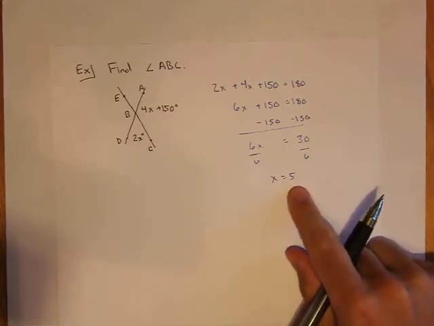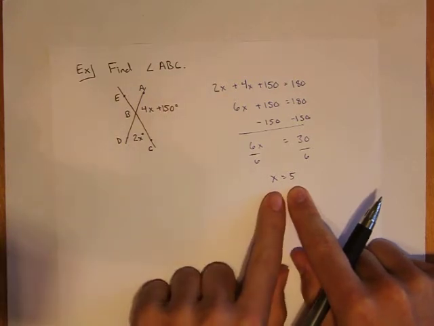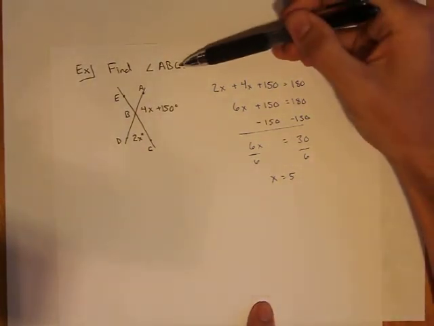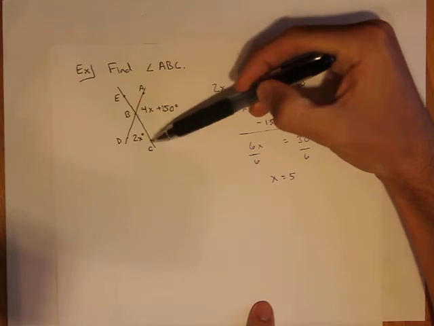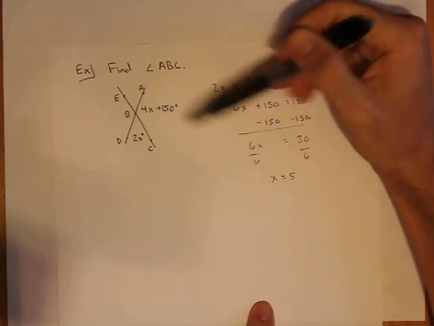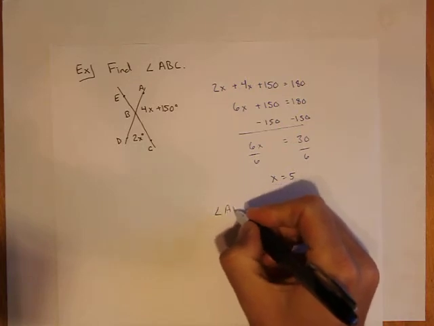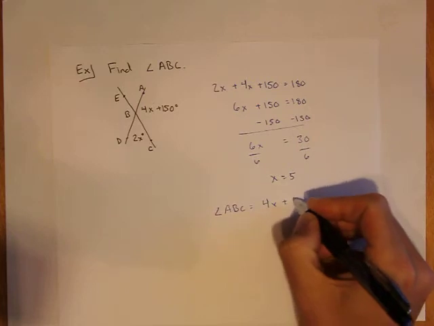Almost. Always make sure you find what they ask for. It's really easy to find x and think you're done, box it and move on. But in this particular case, they didn't ask for x. They asked for angle ABC. So how do I go back to my figure and find ABC? I have to take x is 5 and plug it back in. So I know that angle ABC is equal to 4x plus 150.